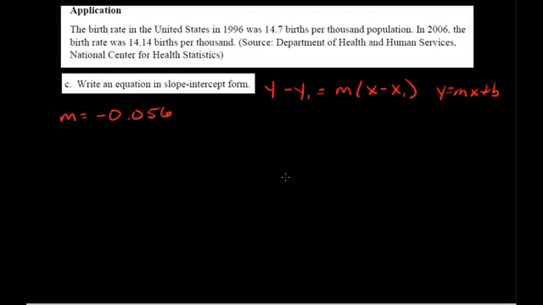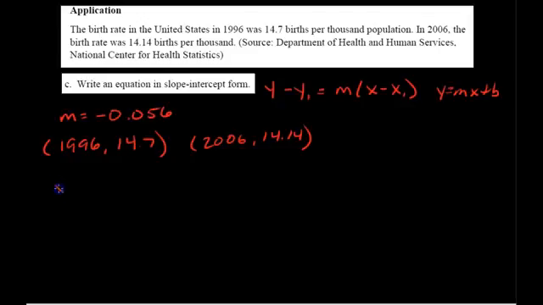This is where naming your ordered pairs is kind of important. If we use the original, or the first set of ordered pairs, 2006 and 14.14, we're going to take this information and plug it into either one of these forms, and I'll show you both. I'm going to use the first ordered pair just because it's the first.